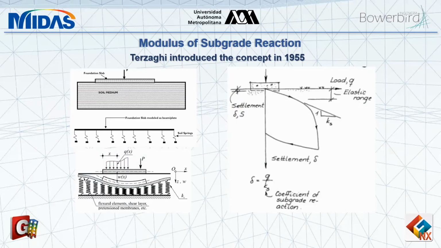Using the soil springs essentially requires that one inputs the modulus of subgrade reaction. This concept was introduced back in the 50s by Terzaghi, and in this case, basically the raft can be modeled as either a 1D beam if it's a 2D analysis, or a 2D shell if it's a 3D analysis.